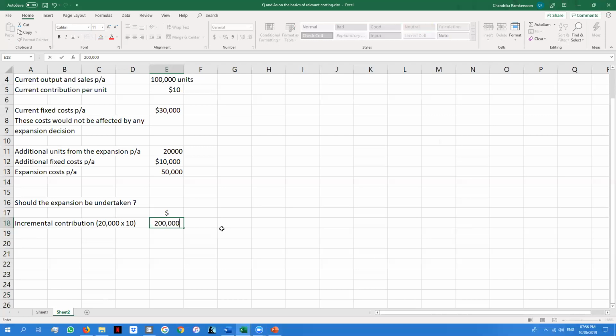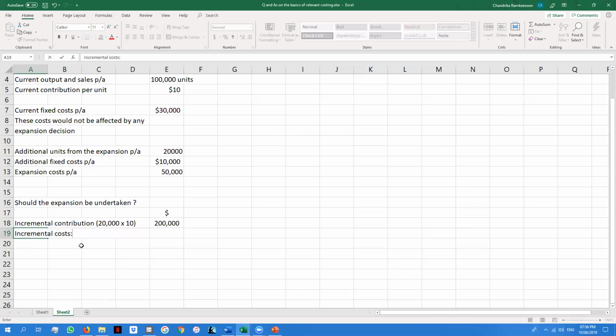So this is the incremental contribution, and I'll put incremental cost. Now let us consider, and let's apply our three-prong test. Future cost, cash flows affected by the decision.